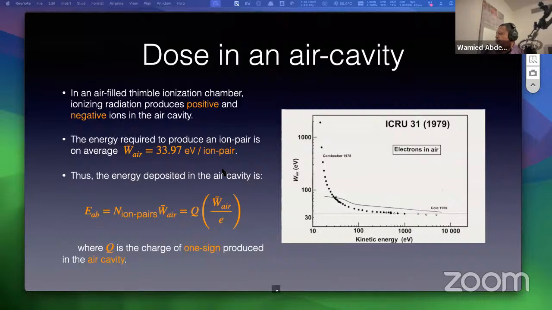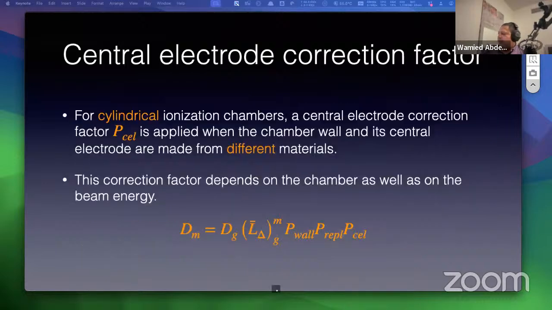So now we want to move on to how to determine the dose. This is the equation that we're going to be using. So now we want to see how we can determine the dose in the gas cavity in ionization chambers.